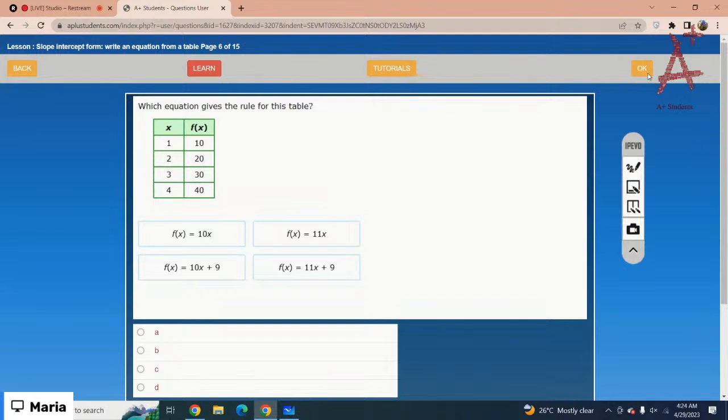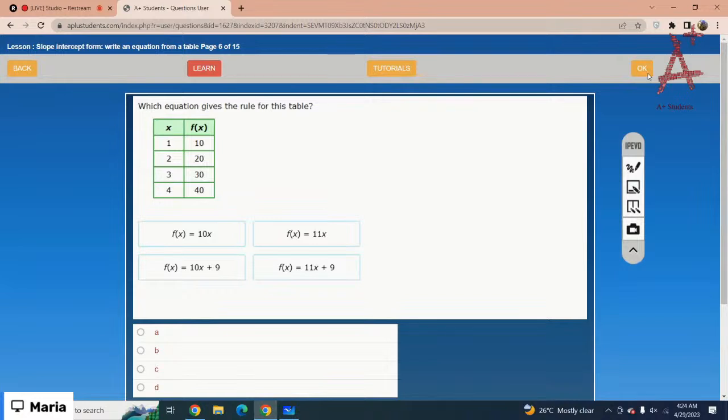Okay, the next one is 20 minus 10 is 10 and 2 minus 1 is 1. So the slope of the equation is 10. So the y-intercept of the equation would be 0.